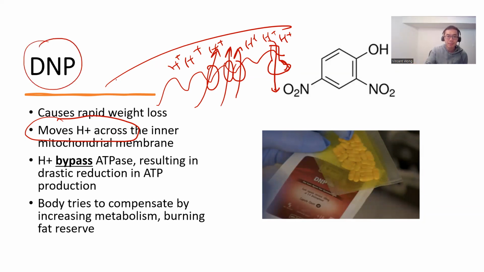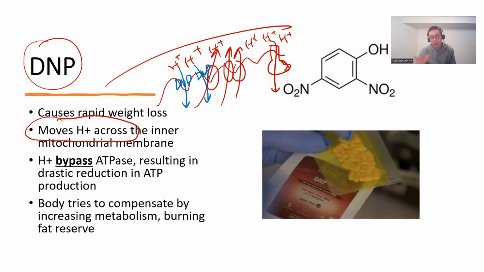But what DNP does is provide an alternate path. It's like, hey, you don't have to go through the ATPase, DNP is going to help you move the H+ too. So that's going to be a problem. That's going to reduce the amount of ATP being produced, isn't it? Because they're leaking back in as opposed to going through the ATPase.